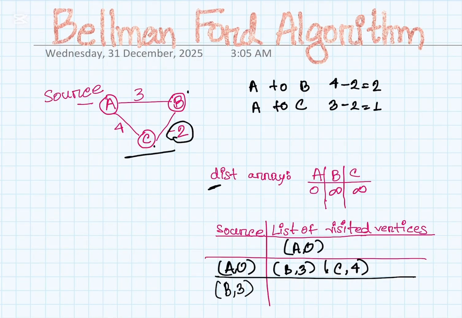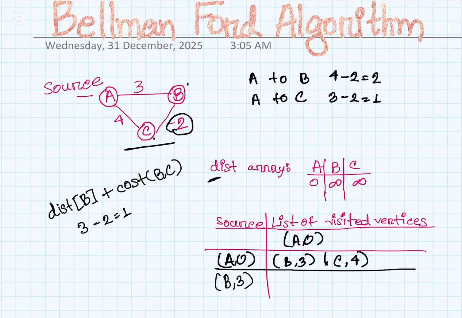And if we calculate the distance of C via the B path, it would be dist of B plus cost of B comma C. So 3 minus 2 is equal to 1. So the new distance of C is 1 since it's smaller than 4.